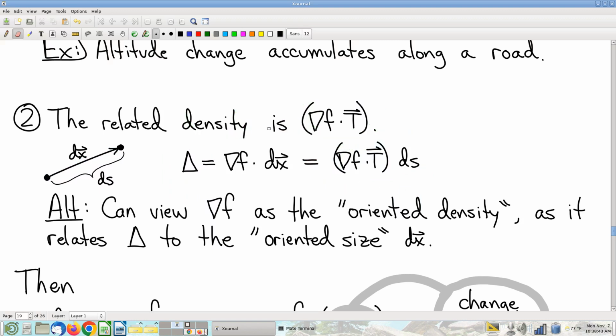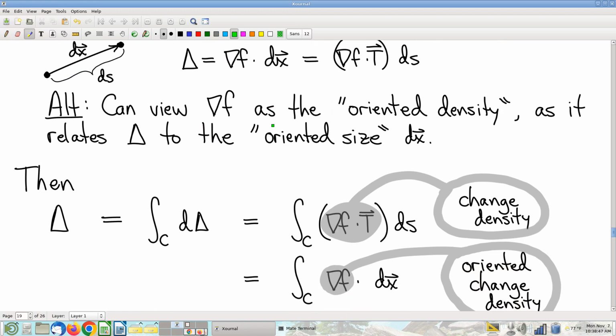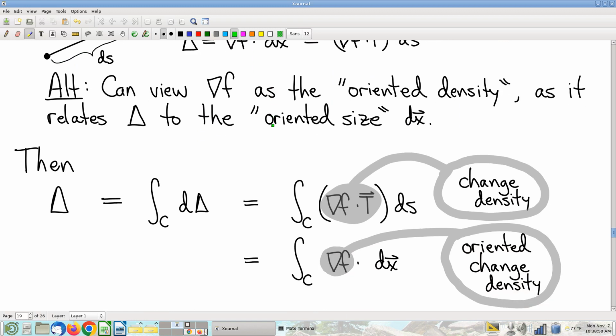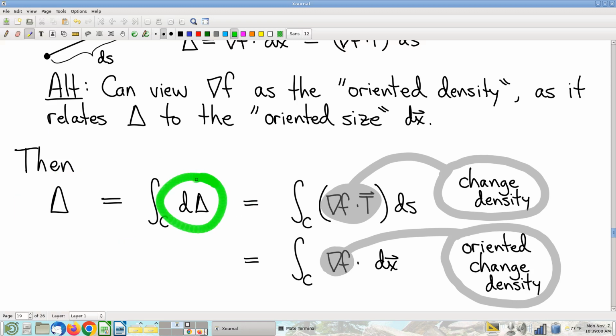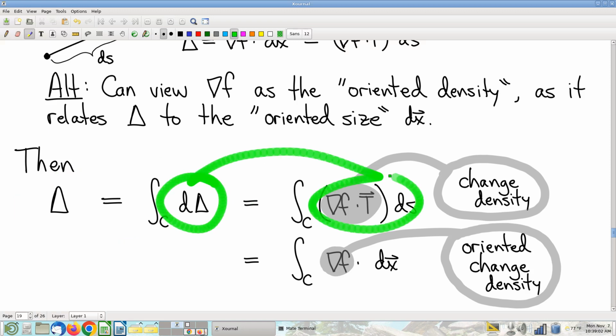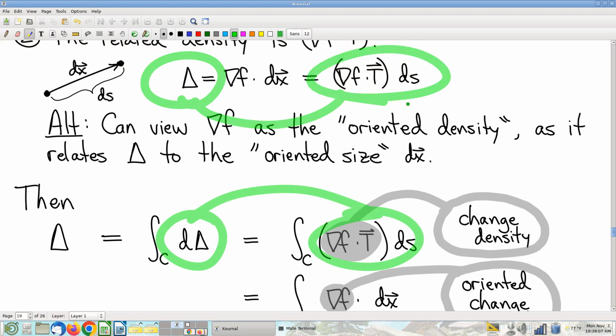Okay, so I'm going to come back to this other stuff in a second, but let's go ahead and spike the football here. Change is an accumulating quantity. Grand total change is the sum of the little pieces of change across the entire curve. And on any little piece, how much change happens? Well, we just computed that up here. Change on any little piece is that.